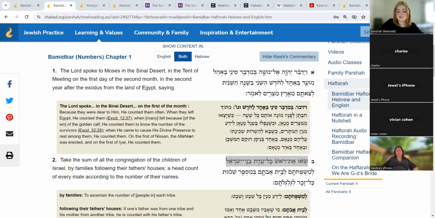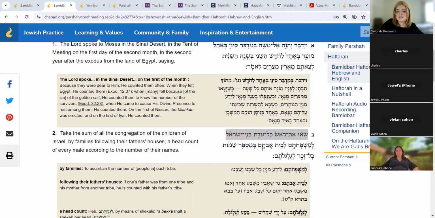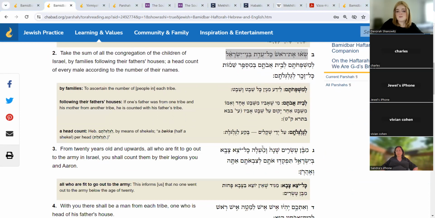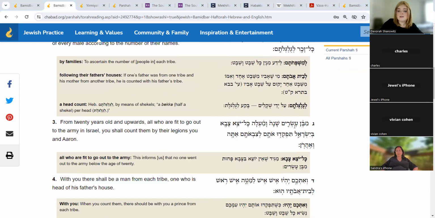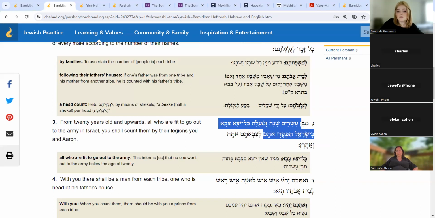Okay, that is the injunction, and then you will see, when are they counted? Miben esrim shana umaala, from the age of 20 and up. Kol yotzei tzava, anyone who is fit to serve in the army. Tifkedu otam, you should count them. Le'tzivotam, according to their groups. Atah v'Aharon, you and Aaron shall count them.